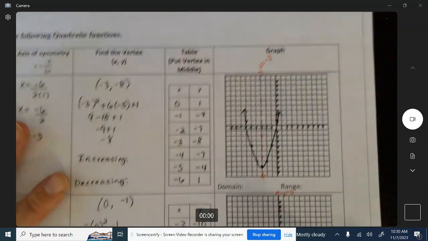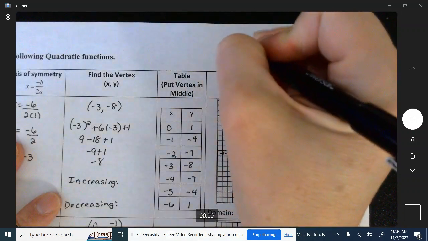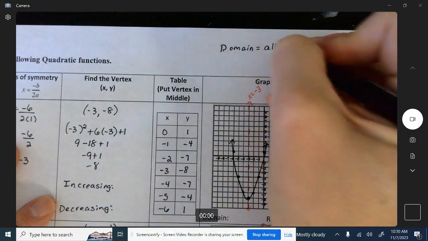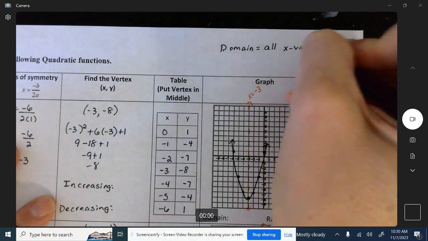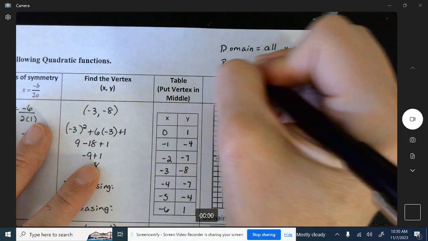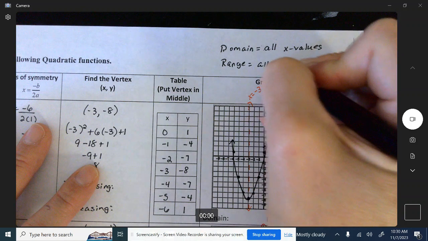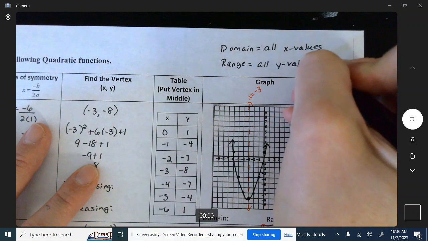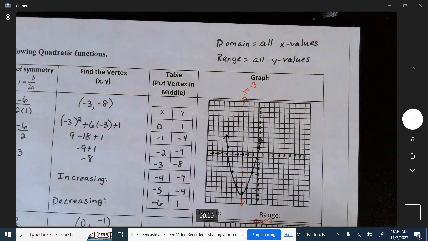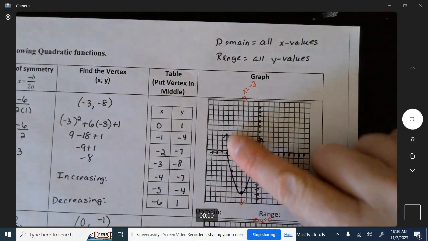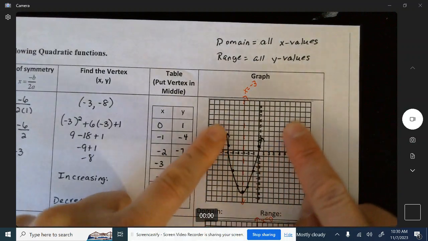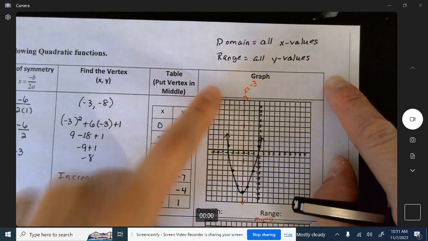Now, let me remind you that domain is all possible x values that the graph can have, okay? All possible x values. Range is all the y values a graph can have, okay? Now, for domain, if these arrows continue up this way, that means that graph is just going to keep going out farther and farther like this, okay?